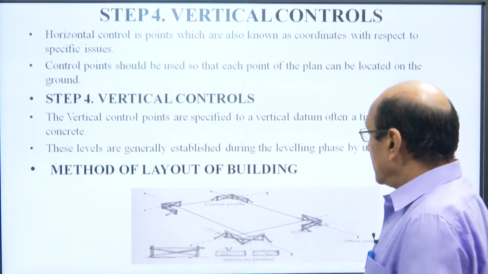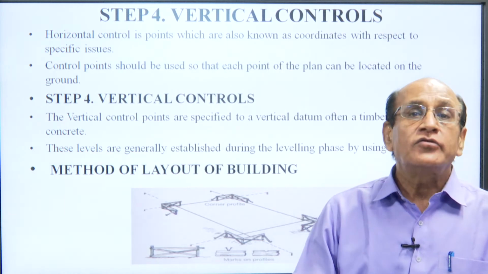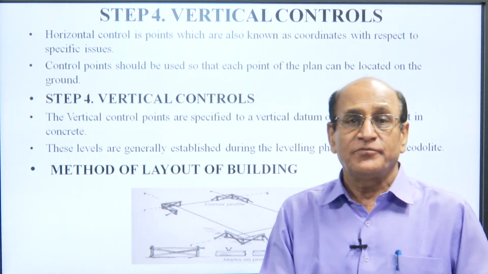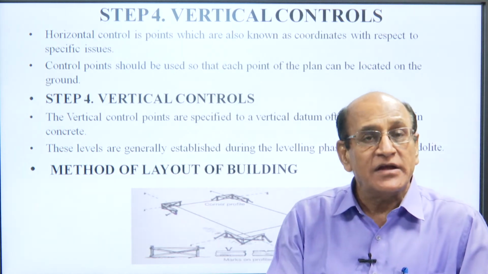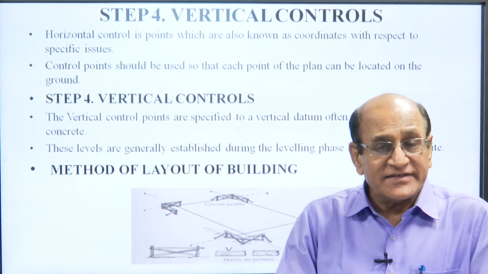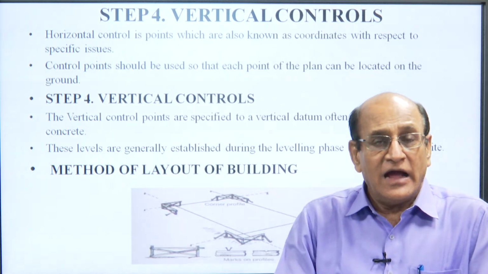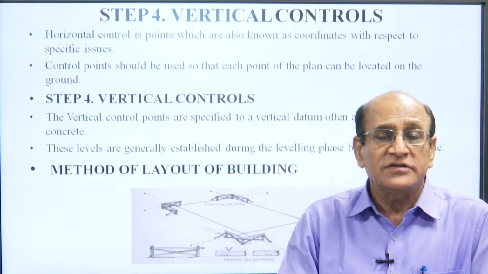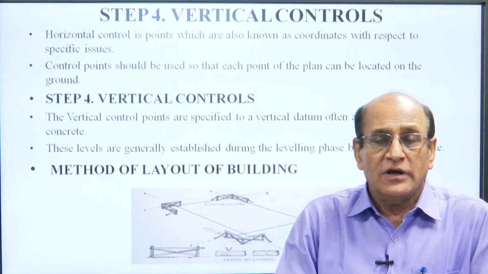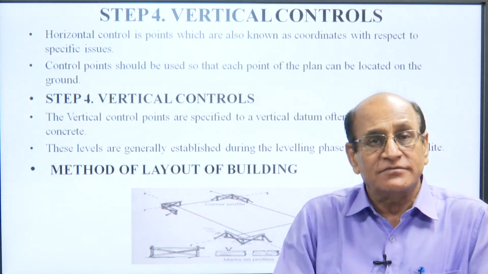Then we can use a total station, which is widely used today, by which we can calculate the horizontal angle, vertical angle, and distance, and we can plot the things on a graph also by this total station.